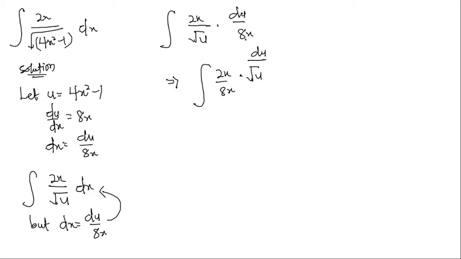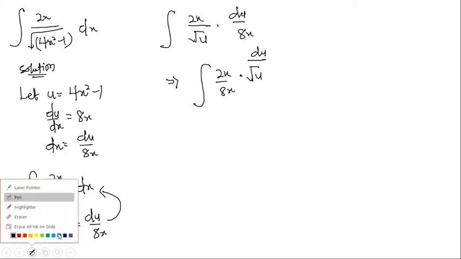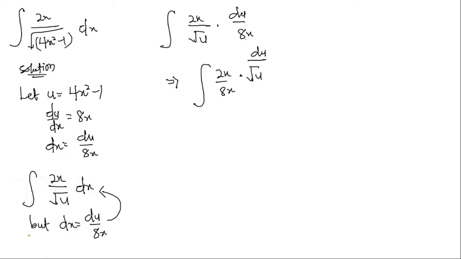I bring the, let me use another color to indicate that, which means I brought the 8x over here, and I brought the root of u in place of this. So I just switched their position, but it is still the same. So from here we have the integral of, we know x will cancel this, 2 over 8 becomes 1 over 4.